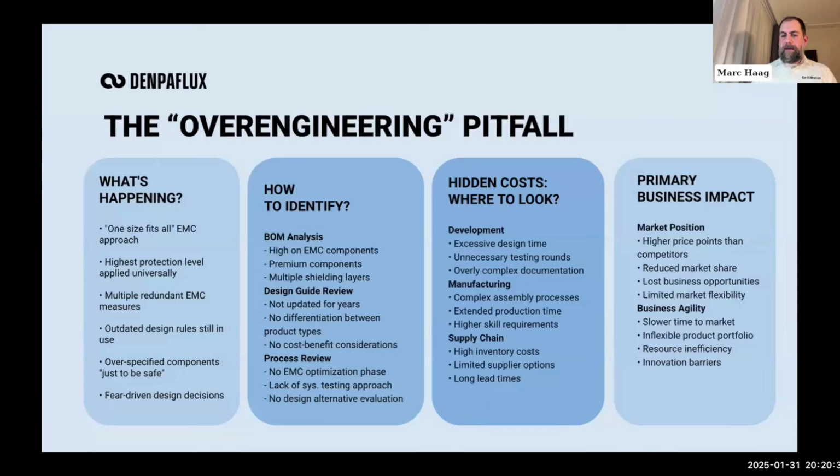Primary business impact is a little bit different, because you are able to make your product and it is working and everything is fine, but it may have an impact on your market position. You are perhaps not the best leader in cost competitiveness, because you have this extra add-on in your product calculation.